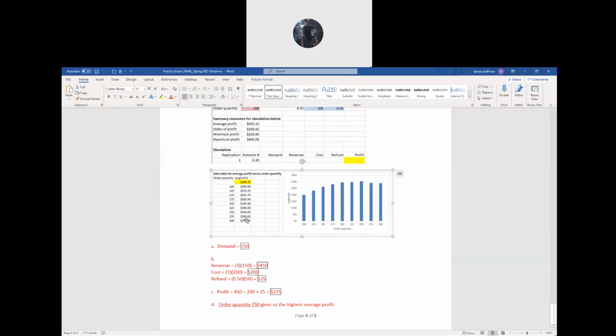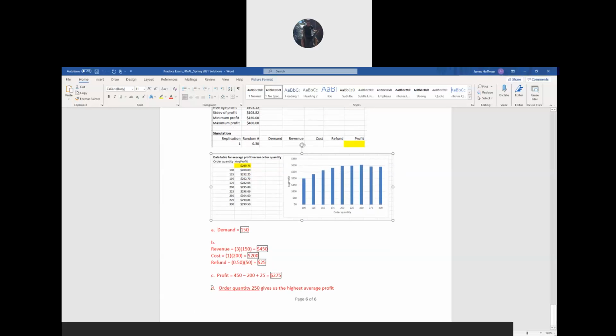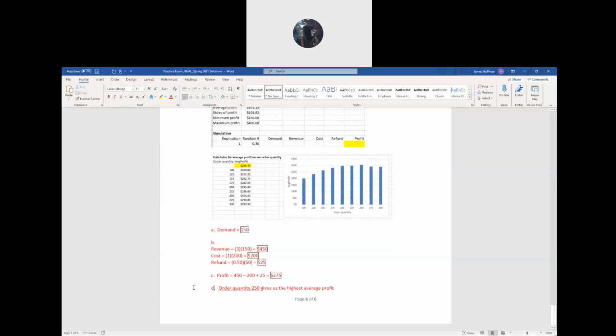You can confirm that over here: ordering 250 gives us an average profit of 304, and all the other options are less than 300. So that's the answer. You can look at the chart and the table and find which one gives you the highest average profit. In this case, order quantity 250 would do that.